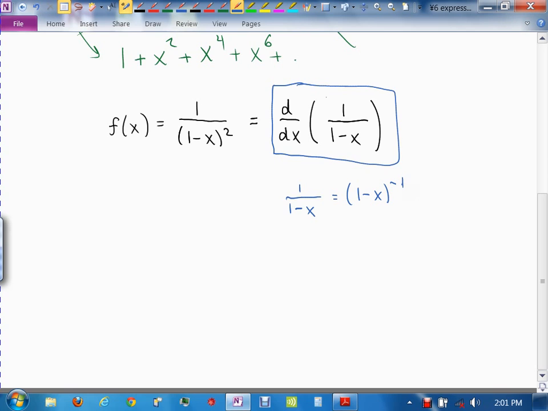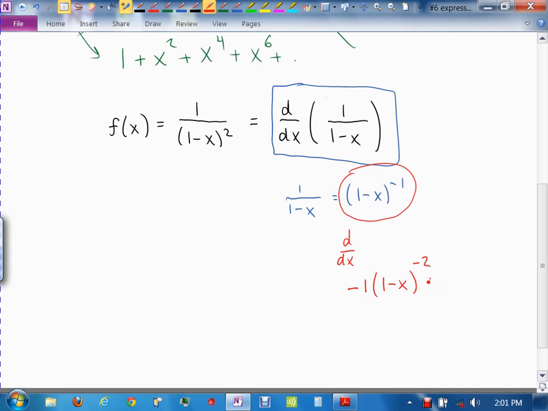So you have to do chain rule. Take the derivative of this for me. Negative 1 would come down, right? So I'm taking derivative with respect to x. The derivative with respect to x would be negative 1 comes out in front, and then 1 minus x to the negative 2 times chain rule, go inside, take derivative of what's inside.